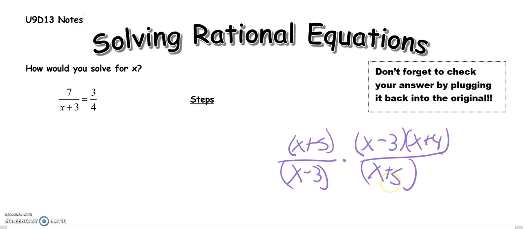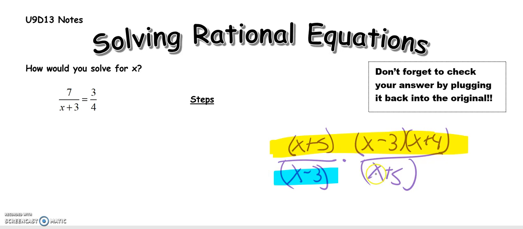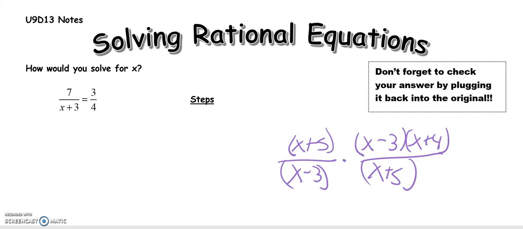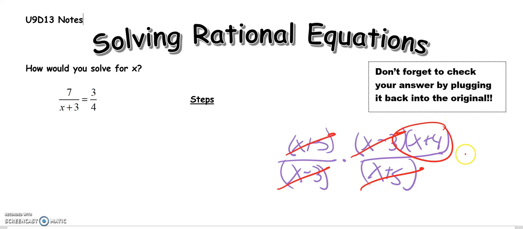When you're multiplying, you're thinking of the top as one single piece, and the bottom as another separate piece. So instead of thinking of them as two separate fractions, think of a top and a bottom, and say, oh, look, I have an x minus 3 and an x minus 3, x plus 5 and x plus 5. Therefore, my final answer would just be x plus 4.